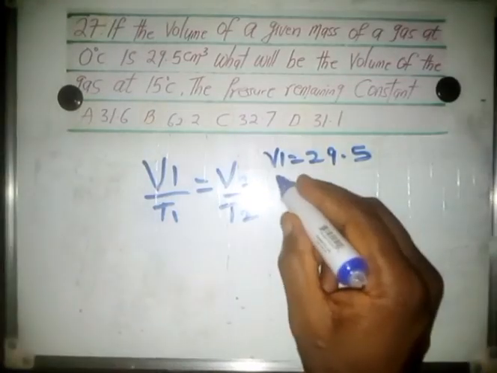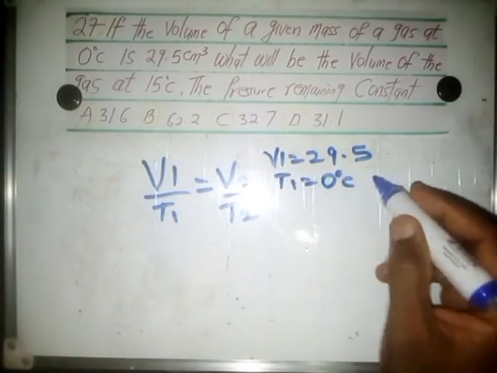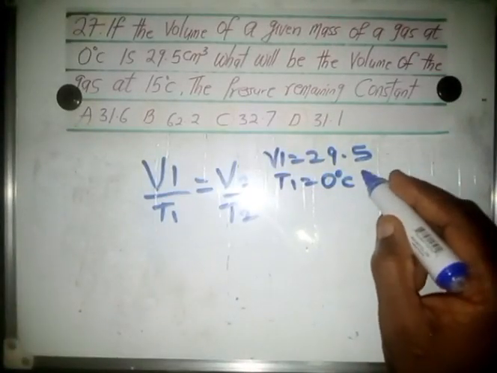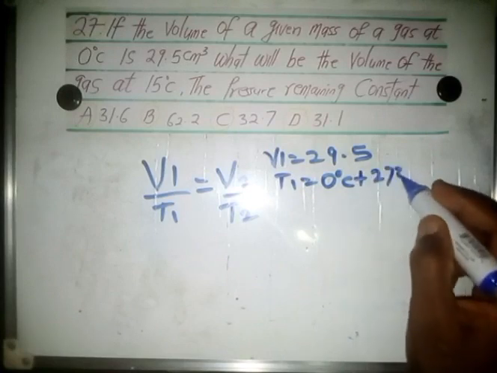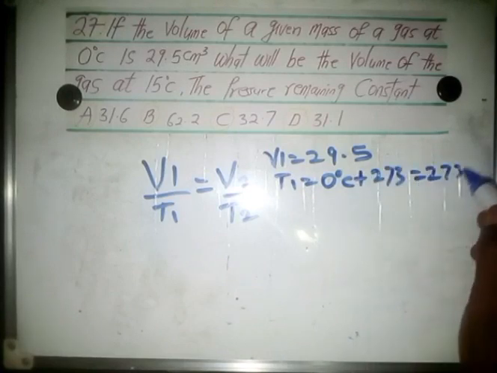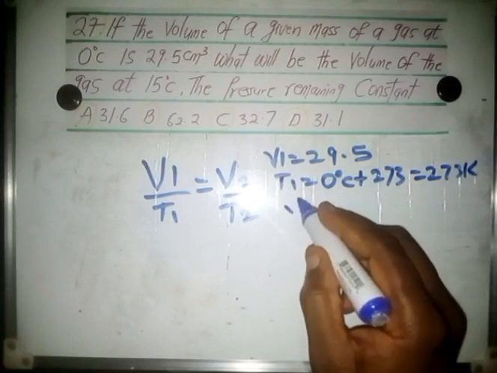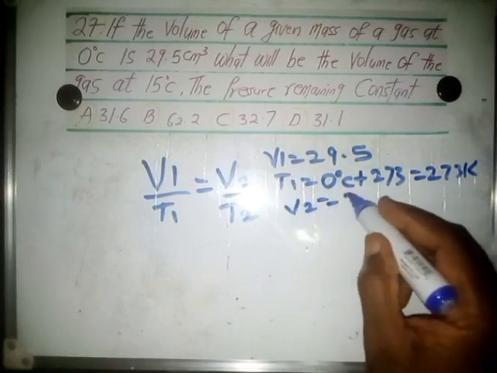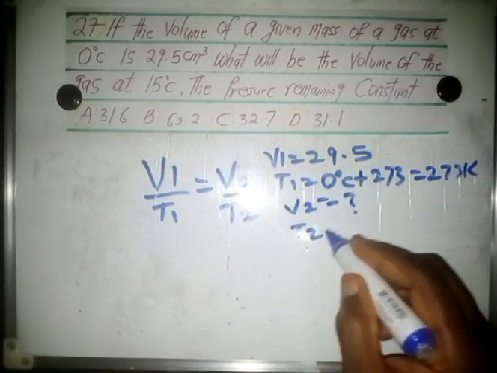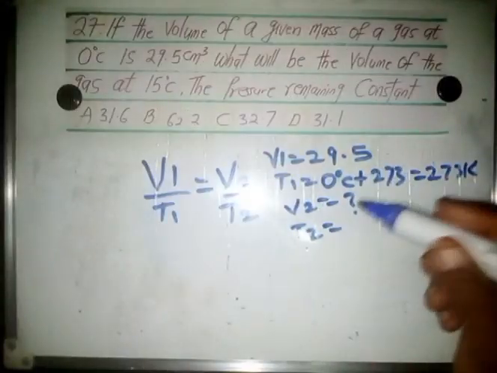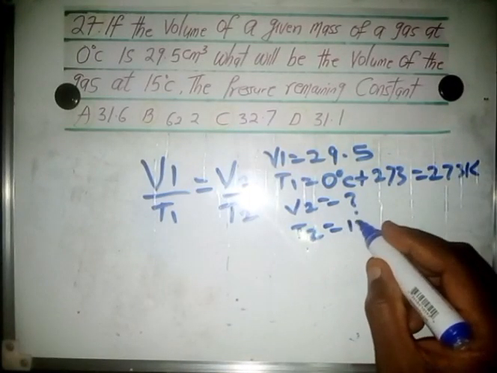T1 will be 0 degrees Celsius. Of course, we convert to Kelvin by adding 273. So that's 273 K. V2, we don't know V2. Then T2 is 15 degrees Celsius. Of course, you have to convert to Kelvin.